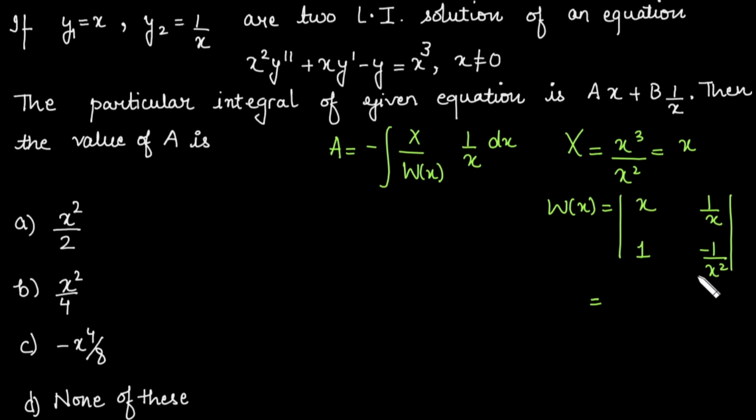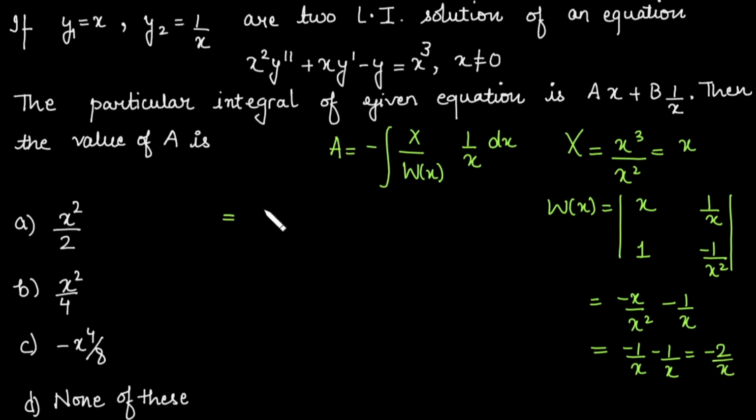Simplify this into minus x upon x square minus 1 by x. That is equal to minus 1 by x minus 1 by x, which is minus 2 by x. So in this case, we have the Wronskian value minus 2 by x.